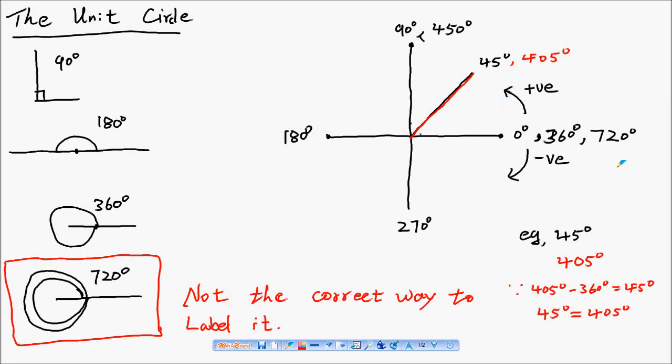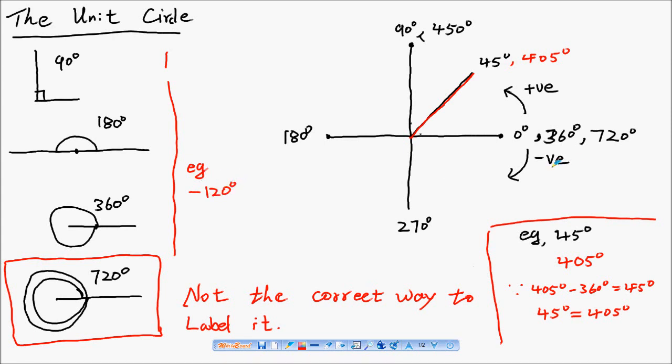Also, if someone asks me to label an angle, for instance, minus 120 degrees, what I do is I move clockwise from the point there, which is a negative value.